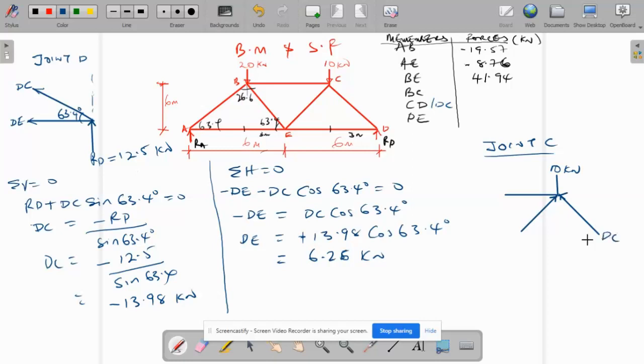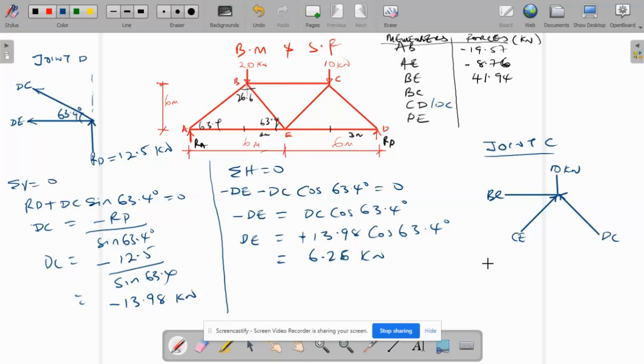This is CE. Call this very one BC. We could have found BC from joint B, but since we did not do that, let's use this.